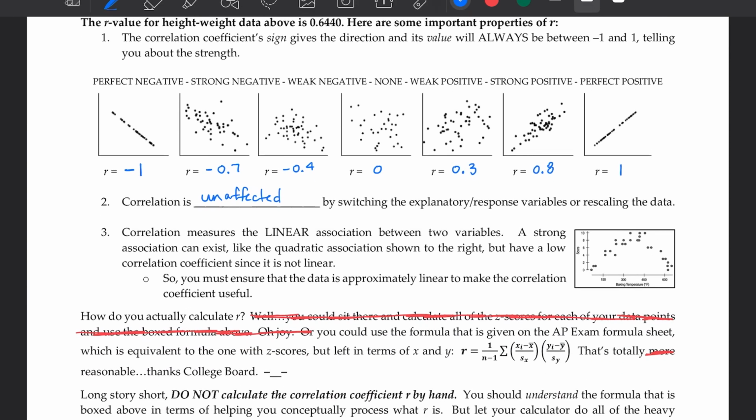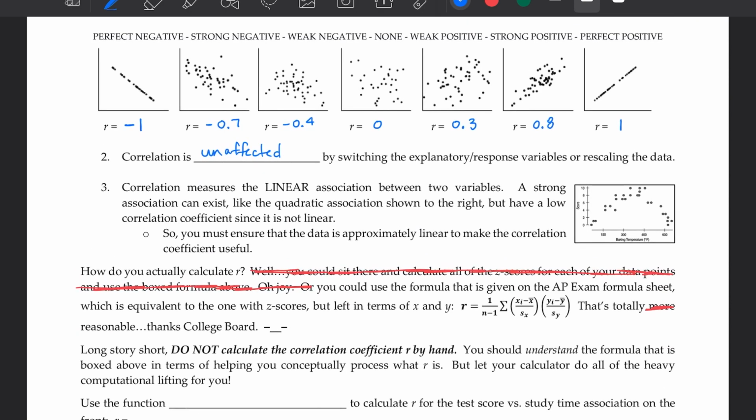Another thing to mention is that correlation only measures the linear association. The formula that we're going to look at here in just a moment is only about the linear association between variables, okay? So it's possible that you can see a strong relationship exist in a scatter plot, but then when you go to find R, it maybe doesn't show a really high number, and you might be kind of confused by that.